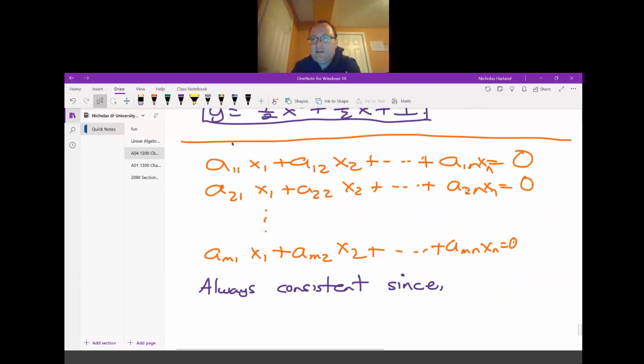Since we always have a solution, a homogeneous system means we have zeros on this right-hand side. And because it's homogeneous, we're guaranteed to always have a particular solution. Specifically, the solution, people are calling it the trivial solution, which is absolutely true. What is the trivial solution? What's equal to 0?